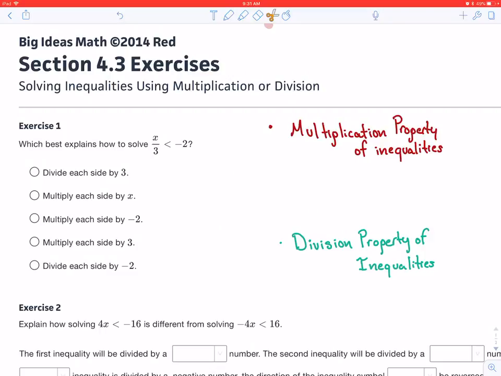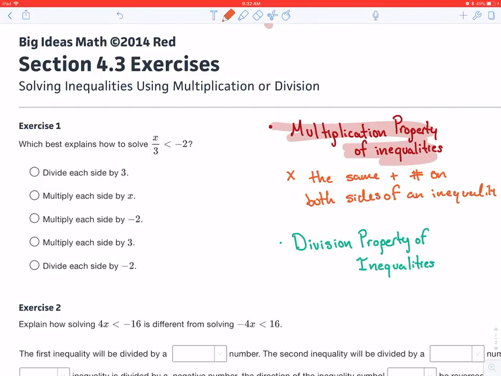So, in this case, we're using the multiplication property of inequalities, which states that multiplying the same positive number on both sides of an inequality keeps the inequality true.